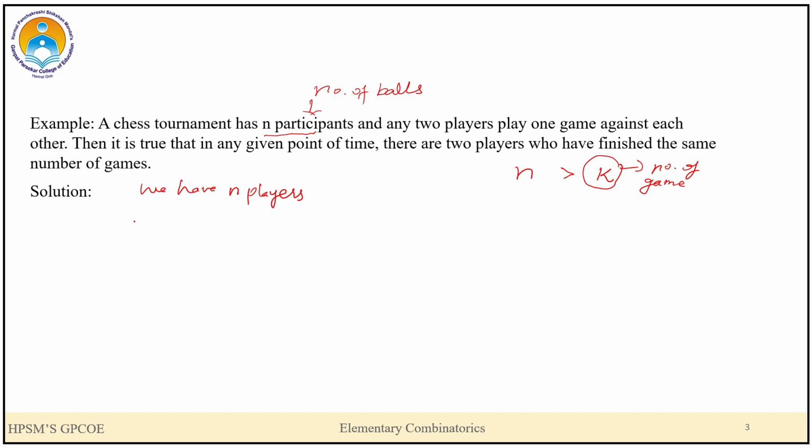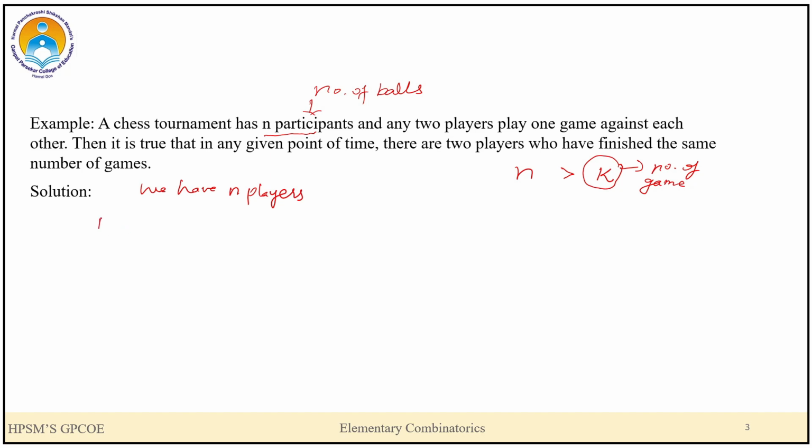Now, if we consider one single player, maximum how many games that particular person can play? Okay? Now since there are n participants, maximum games that any player can play will be n minus 1. So how many options do we get over here? Either a person can play 0 games, 1 game, 2 games or up to n minus 1 games.